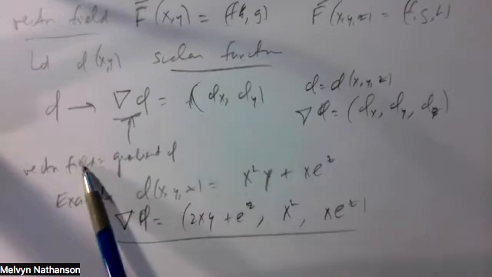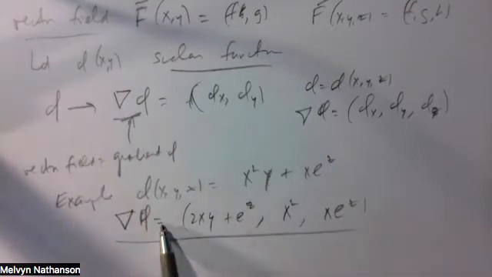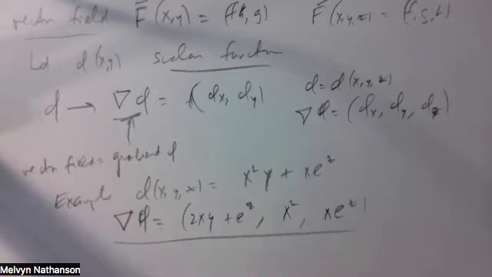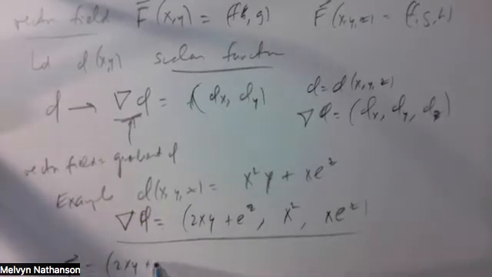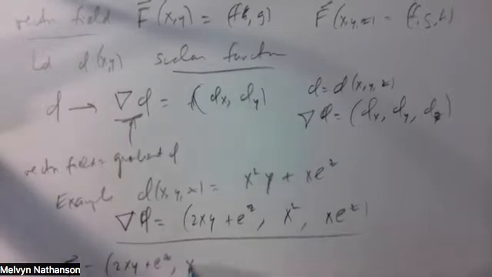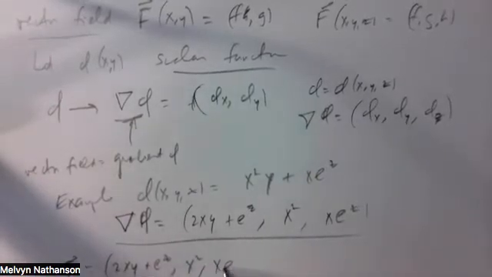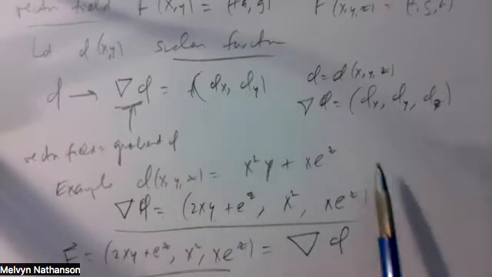So from a scalar field, the gradient of your scalar field is a vector field. And if you had the vector field, say it was equal to 2xy plus e to the z, x squared, x e to the z, this vector field is the gradient of the function phi, where phi was defined like this.